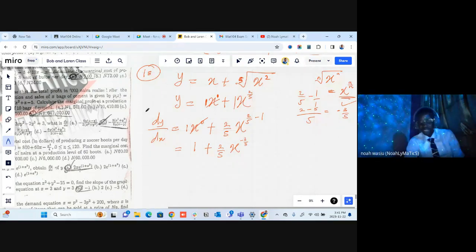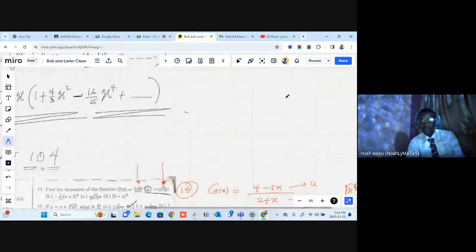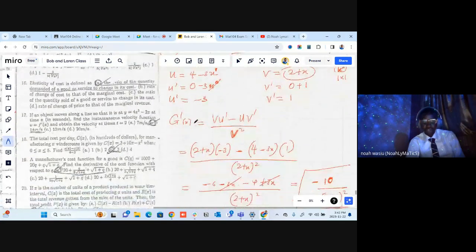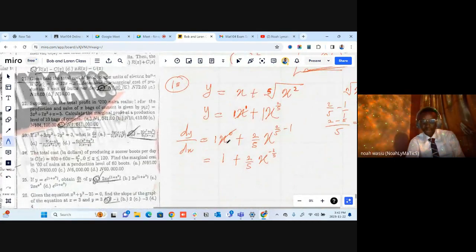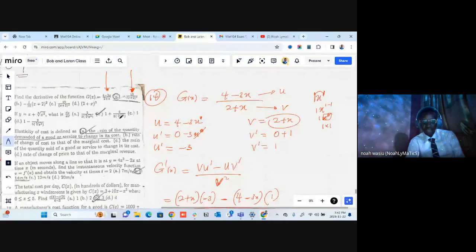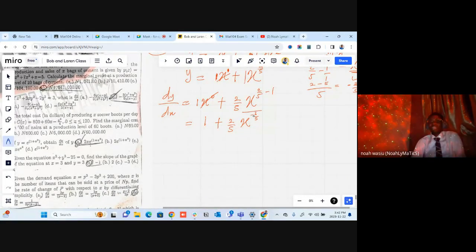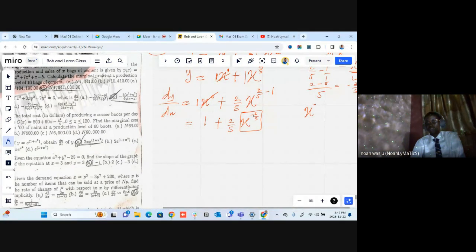So let's check the options and see how it looks before we simplify that. I already have 1 and plus 2 over 5, but I have to evaluate what I have here. In indices, if you have x to the power of minus a over b, do you know what it means? This negative index, this minus itself, means 1 over.